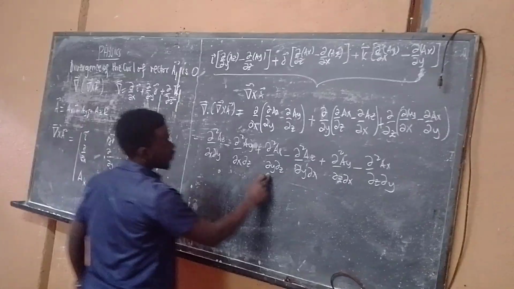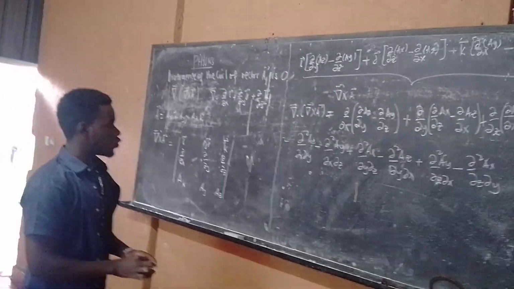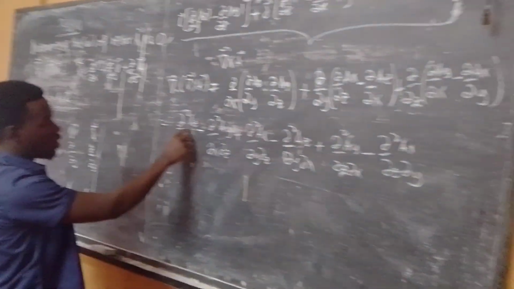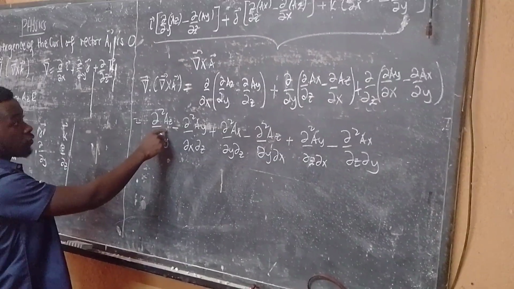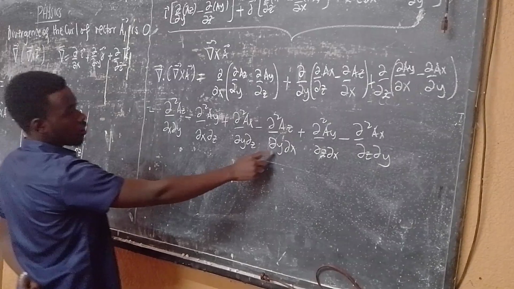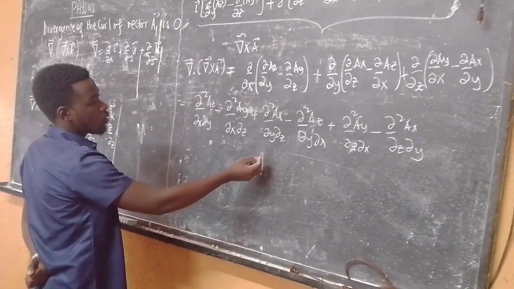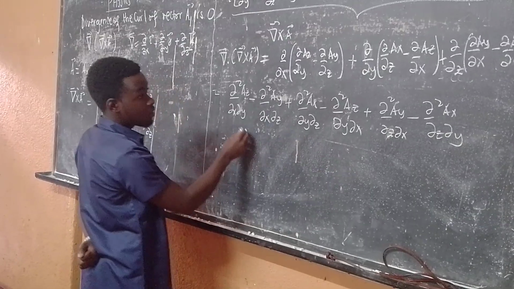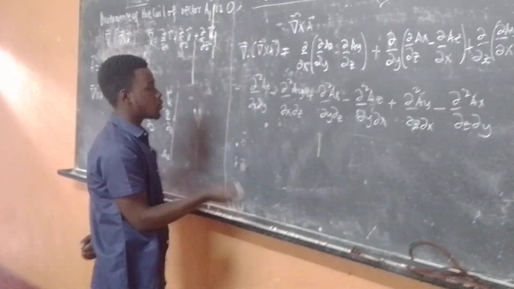So this is what we have now. And we want to check if there are some common terms which we can cancel out. As we can see here, we have the double differentiation of az, and here we have the same. And for your information, when you have yx like this, it is the same as having xy. Multiplication is commutative.